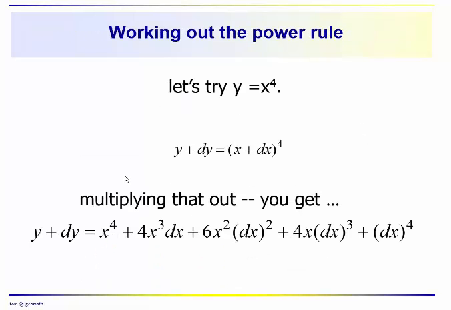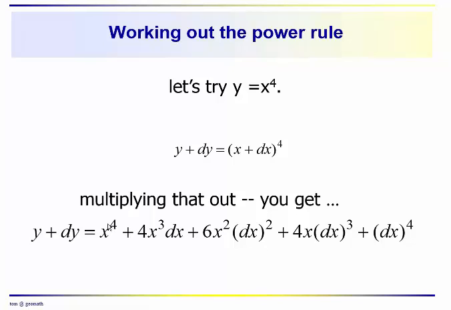So if we try x to the fourth, it's a little bit more complicated, but let's see what happens there. Multiplying out x to the fourth is a more laborious, tedious process. If we sit down and multiply that out, we get x to the fourth plus 4x cubed dx plus 6x squared dx squared.